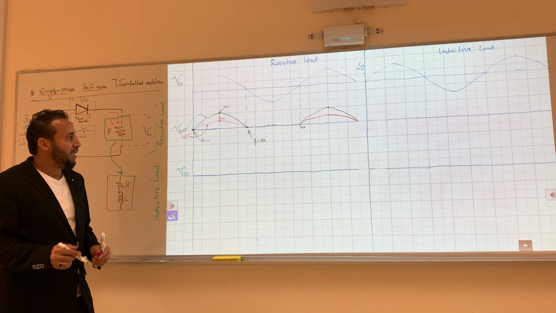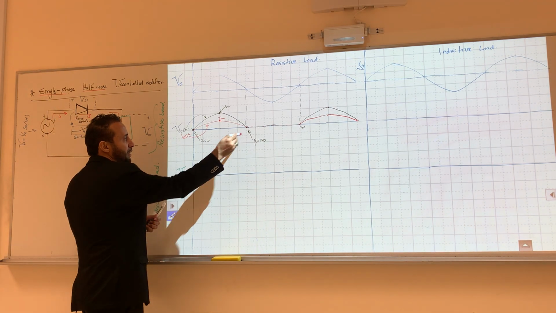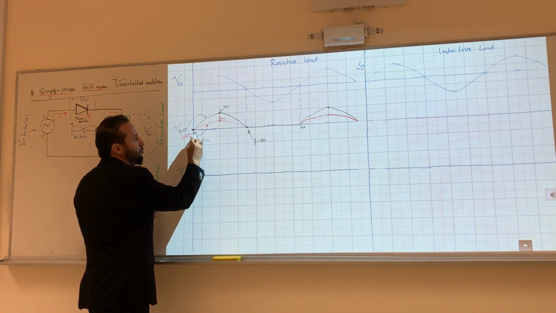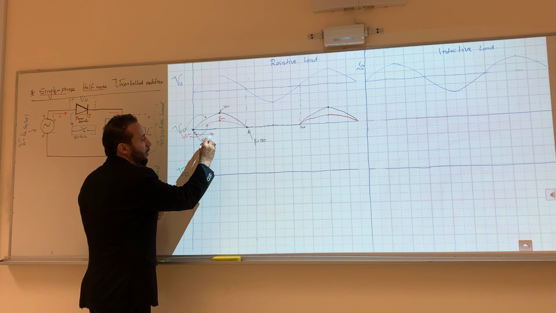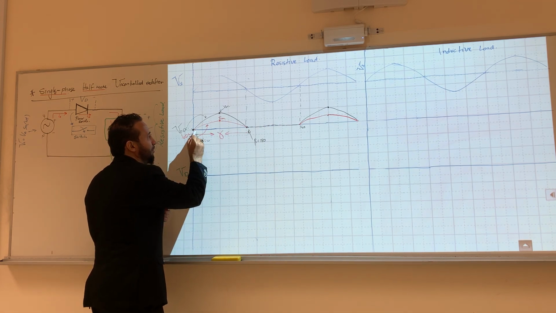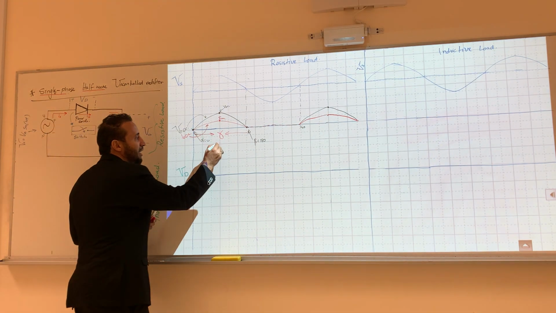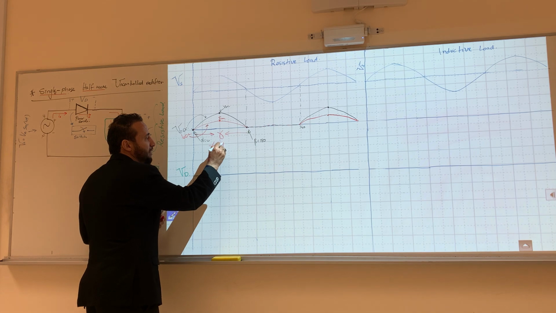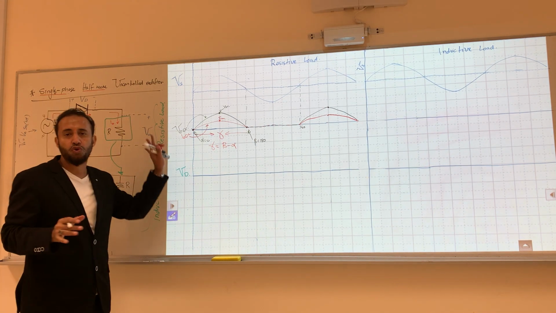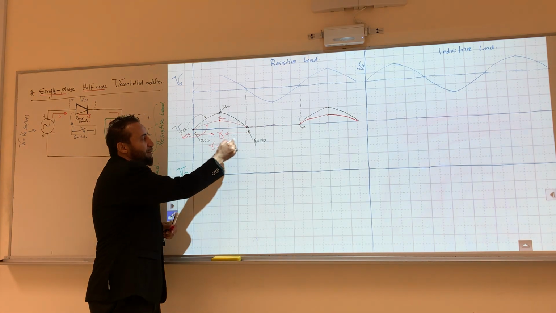So we said that this point is beta and this point is alpha, and from this point to this point right here, we call it gamma. So if you want to find gamma, gamma equals beta minus alpha. In our case, in uncontrolled, all the time alpha will be 0.